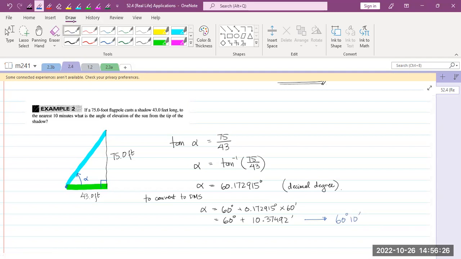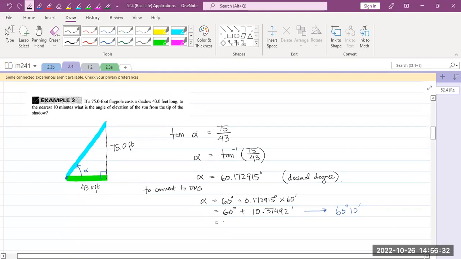But I want us to challenge ourselves a bit further. Can we write that in DMS, right? Degrees, minutes, seconds. So we already have the degrees, we already have the minutes, plus 0.37492 minutes times 60 seconds.